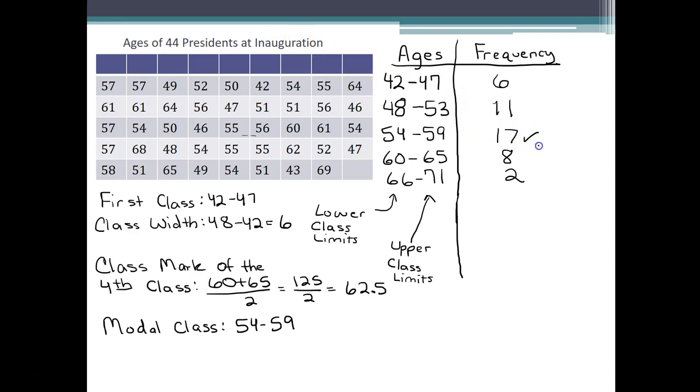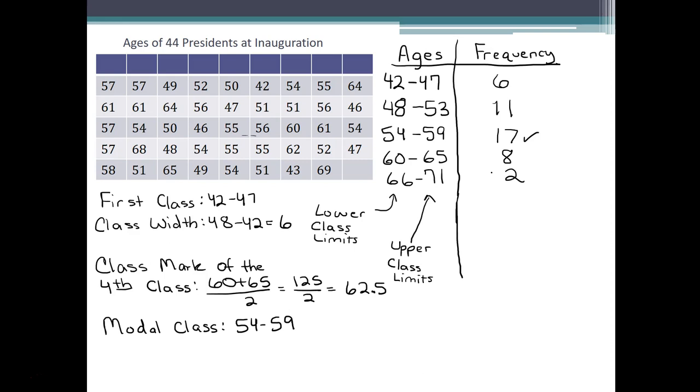So that's right here, highest frequency was 17. So most commonly presidents are in the age range of 54 to 59, which I find interesting because you just have to be at least 35 to run for president. So I find it interesting that most of them are already that old when they run. There's been a few that were younger, but already kind of up there.